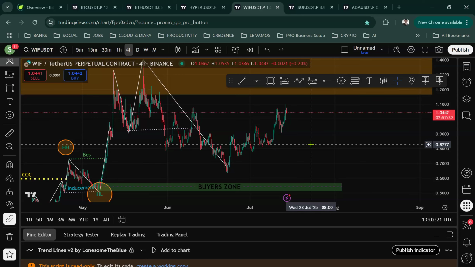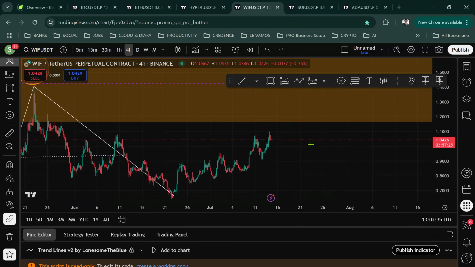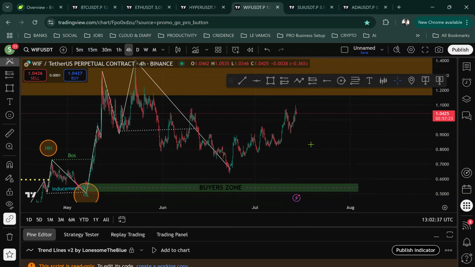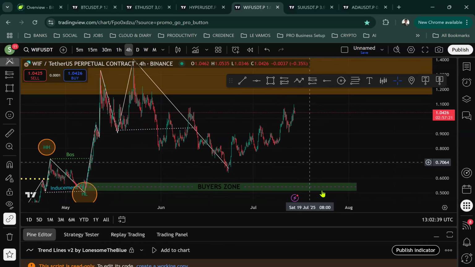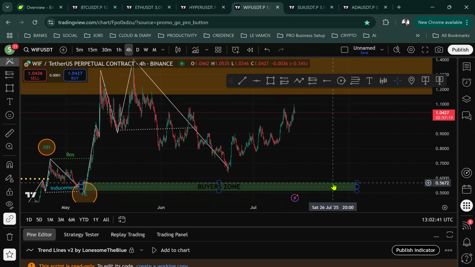So now we are still in the 4-hour chart. As you can see, price has not touched that zone. You mean the valid zone or the key level? The valid zone. Yes. Still it has to travel a lot.